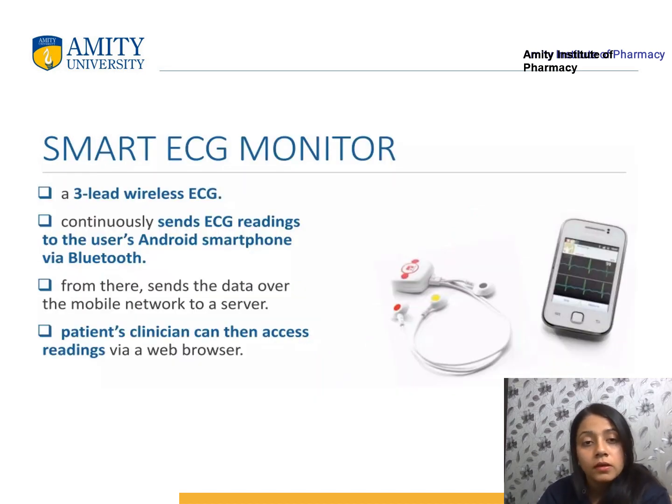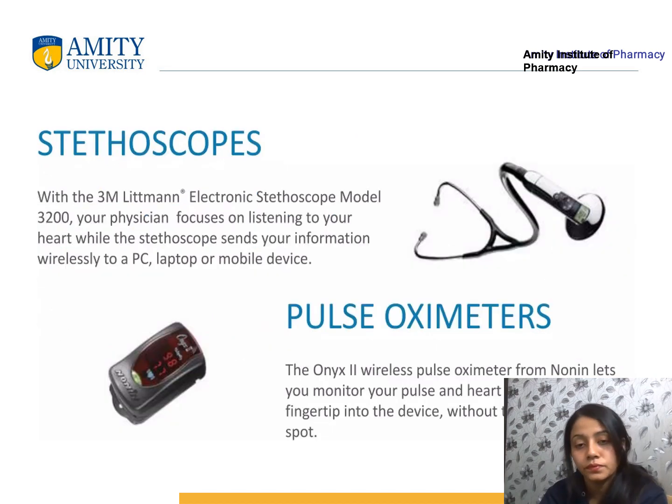In this slide, I'm going to tell you about the smart ECG monitor. Basically, it is a three-lead wireless ECG. It sends the ECG readings to the user's Android smartphone via Bluetooth. So the patient and clinician can then access the readings. Next is the stethoscope, in this the model of 3M Littmann.